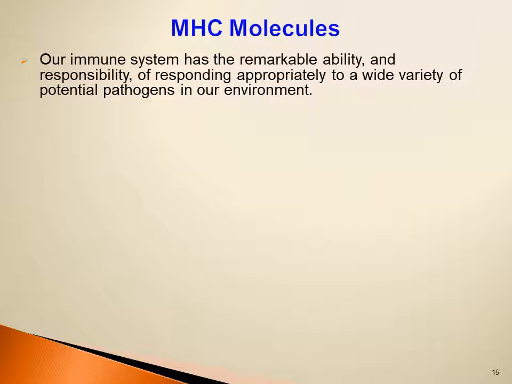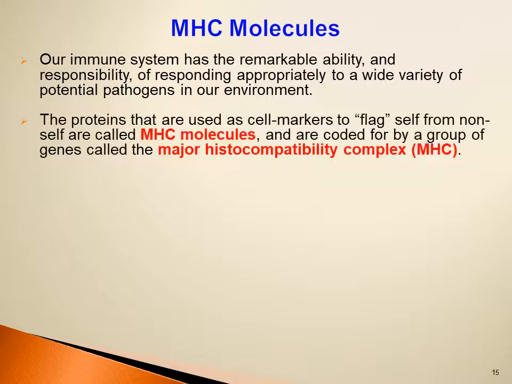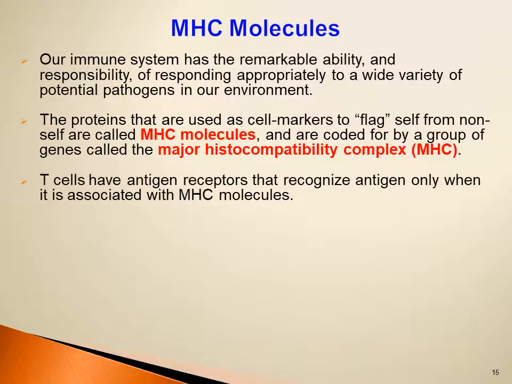Our immune system has the remarkable ability and responsibility of responding appropriately to a wide variety of potential pathogens in our environment. The proteins that are used as cell markers to flag self from non-self are called MHC molecules and are coded for by a group of genes called the major histocompatibility complex. T cells have antigen receptors that recognize antigens only when they are associated with the major histocompatibility complex.